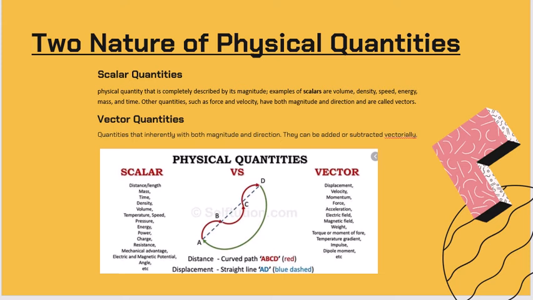This is in contrast to vectors, na nagde-describe ng several numbers, characterized by their magnitude and direction. So yung vector quantities natin refer to the physical quantities characterized by the presence of both magnitude as well as direction.